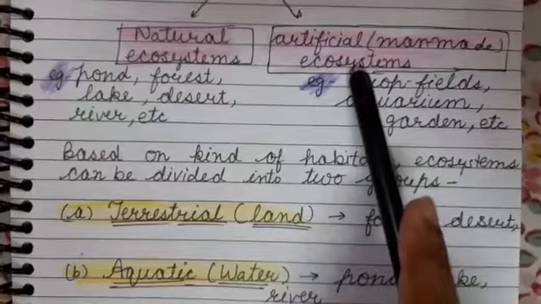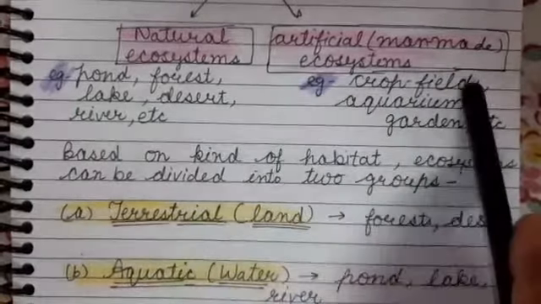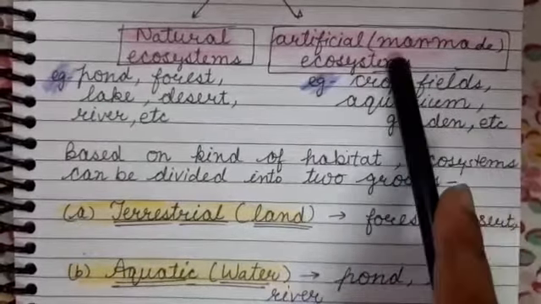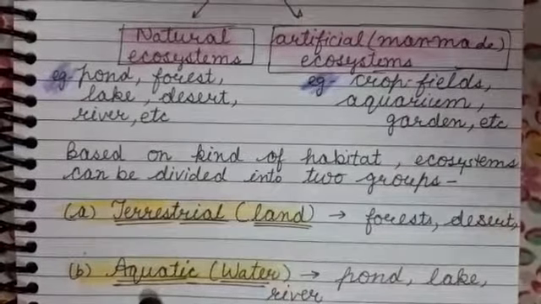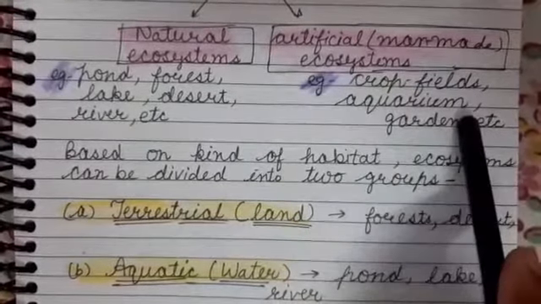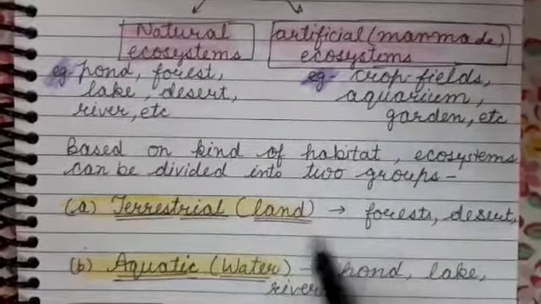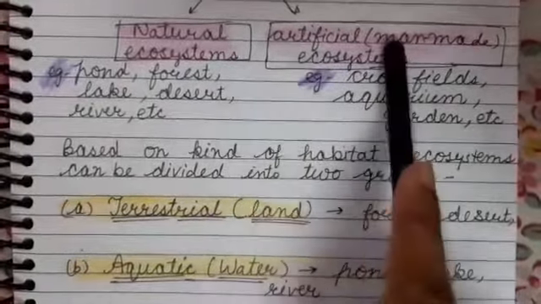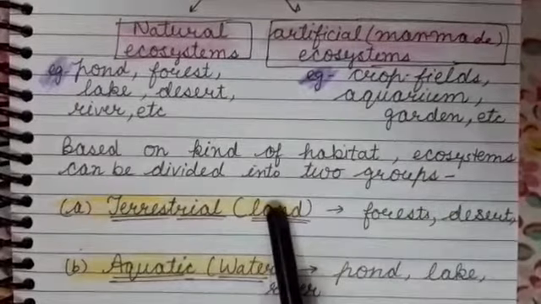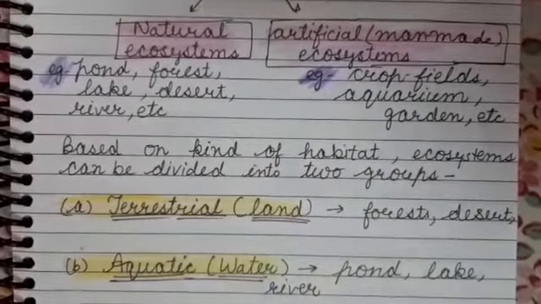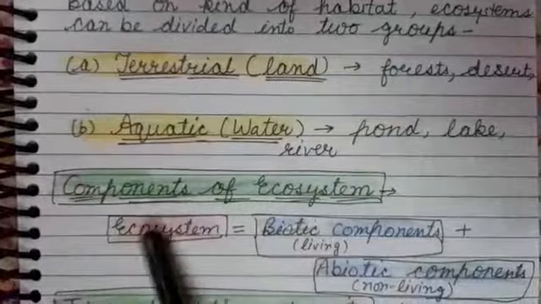If artificial ecosystem is terrestrial, then example is crop field, garden. If artificial ecosystem is aquatic, then example is aquarium or any man-made ponds. Okay, so we can divide ecosystem on the basis of their formation as well as on the basis of their habitat. Now our next topic is the components of ecosystem.